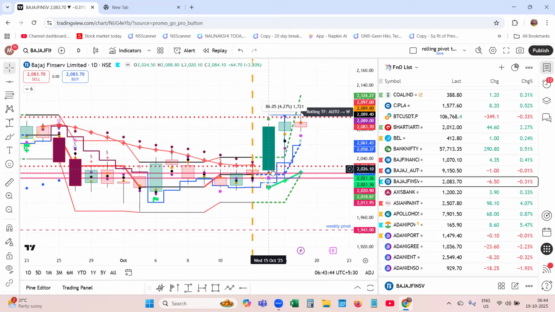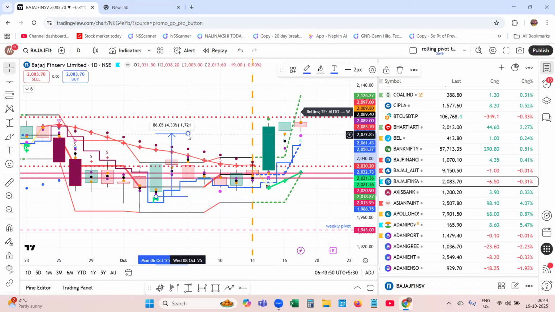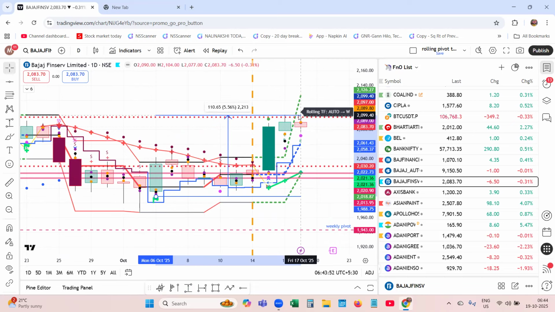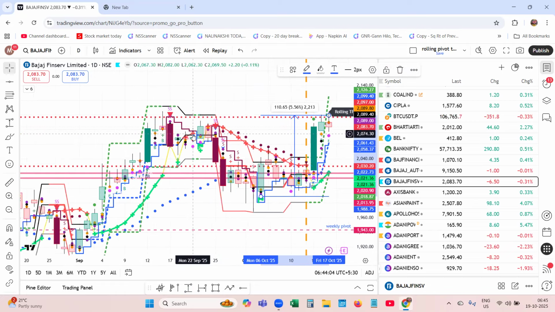But if you had entered early from this area on the previous day, you could have captured the whole 5%. 5% for your swing trade is very good actually. Very good swing trade, 5% to 10%.